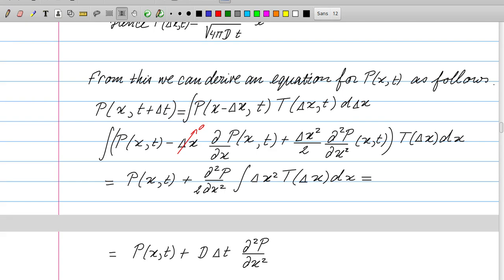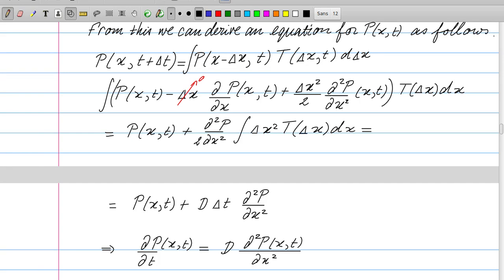That distribution had a width of 2 times d times delta t, and because of the factor of 1/2, we now find this equation. If we move this one to the left-hand side, it can be written as the first order time derivative times delta t.